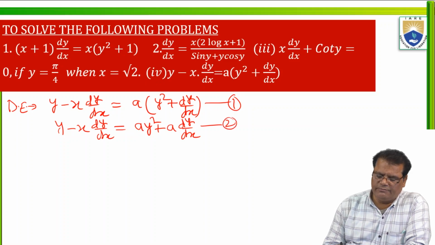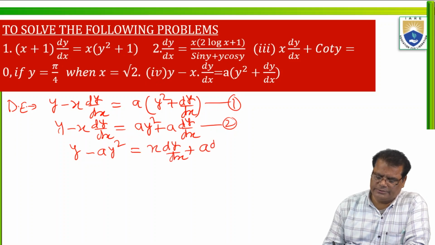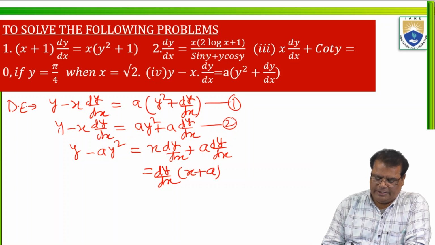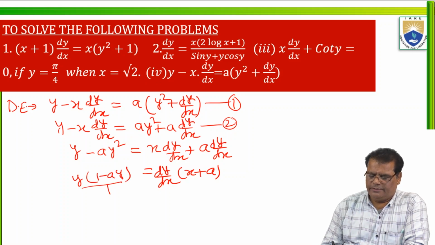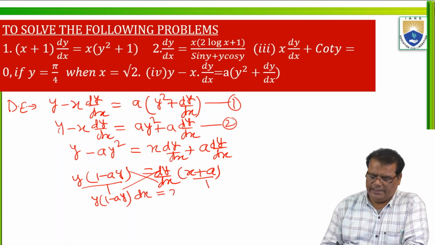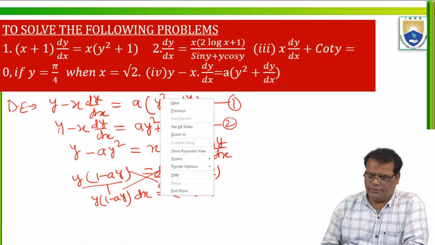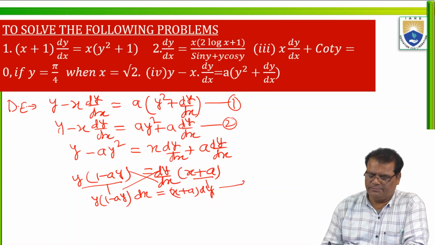Since dy/dx appears in more than one term, we separate it: a y square on this side, and x dy/dx plus a dy/dx. Now dy/dx is common, giving x plus a, and y is common, giving 1 minus ay. Cross multiplying, y(1 minus ay) dx equals (x plus a) dy. This is equation number 3.